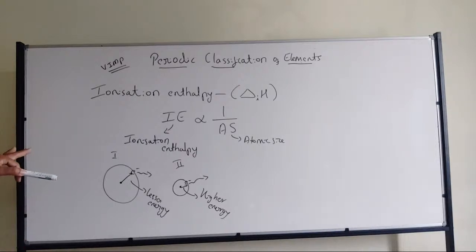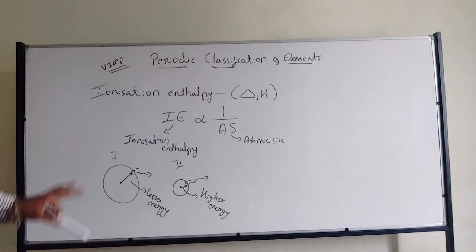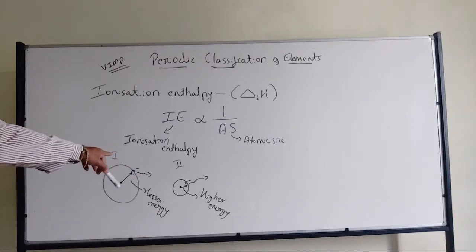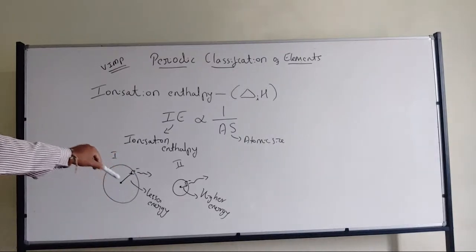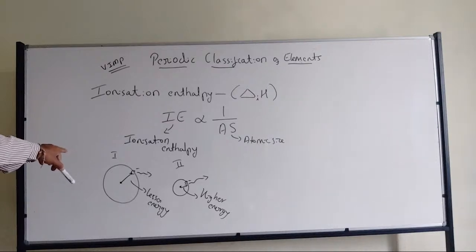In atom 1, we can remove the electron. We have to apply energy, no doubt, but less energy. But in the second atom, we have to apply a bit higher energy to remove the electron because electrons are near to the nucleus in the second atom and far from the nucleus in the first atom.